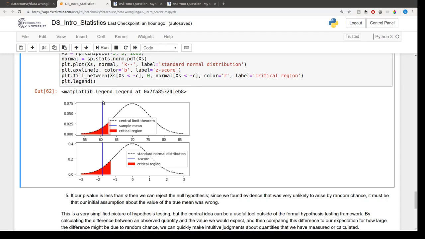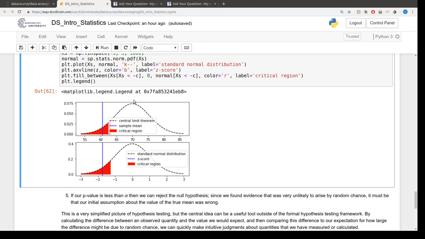To calculate the p-value, we would look at the area under the curve to the left of this blue bar for the sample mean. So that 0.04, that 4%, is the amount of area to the left of this blue line. And that's all there is to calculating the probability.